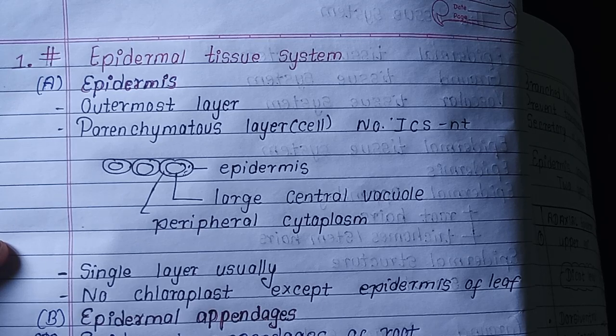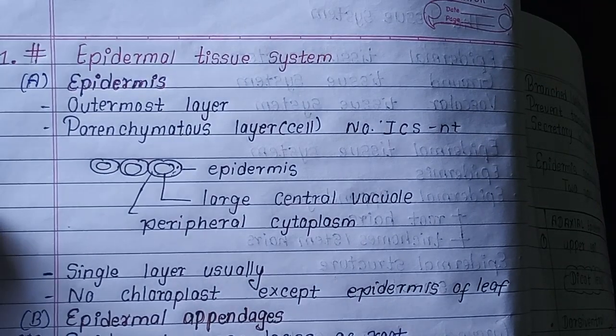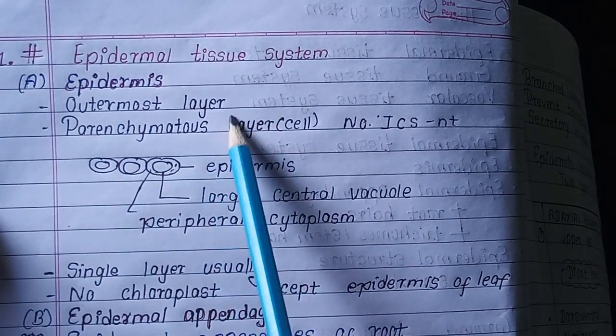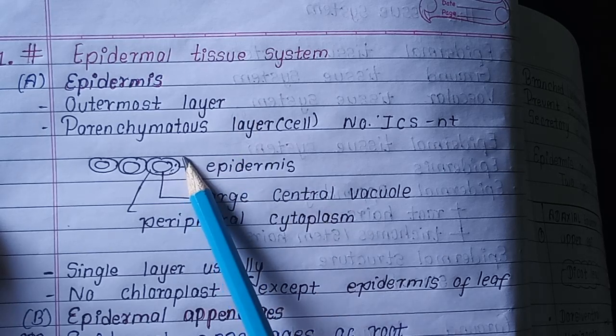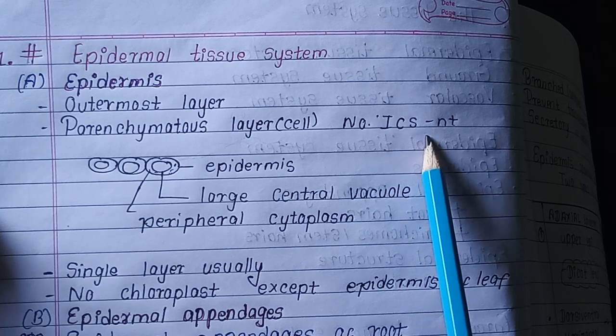Let's start from the epidermal tissue system. The first type of epidermal tissue system is epidermis. Epidermis is the outermost layer. It is a parenchymatous layer of cells. Here intercellular space is absent.